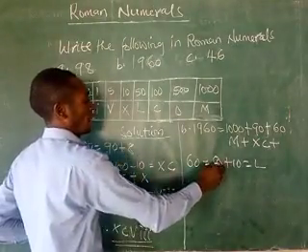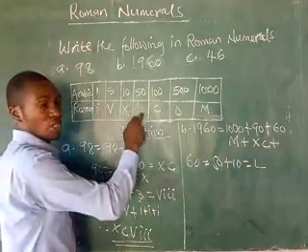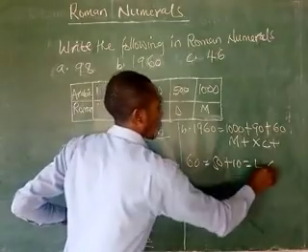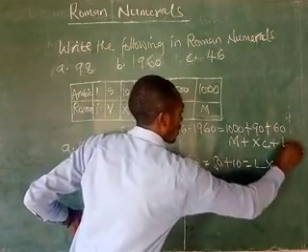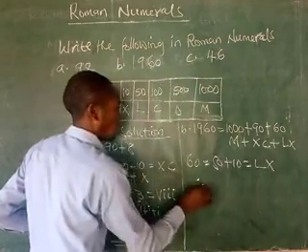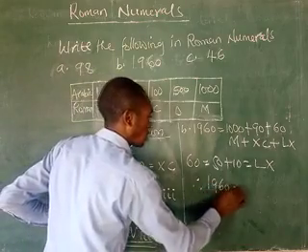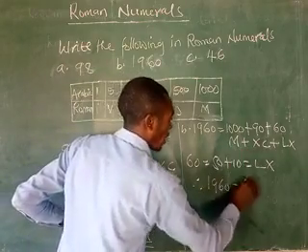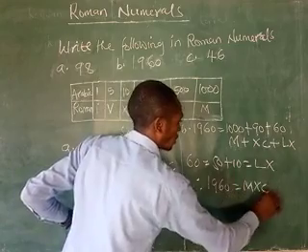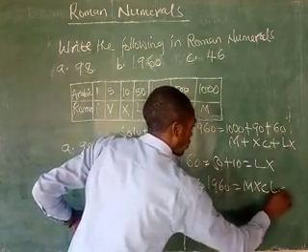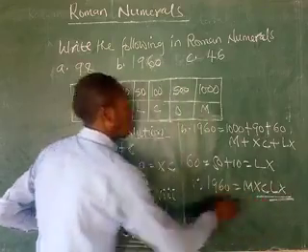So we have 50 plus 10, and 50 is L, 10 is X. So therefore 60 now is LX. So we can now say 1960 is the same thing as MXCLX. This is our answer for this.